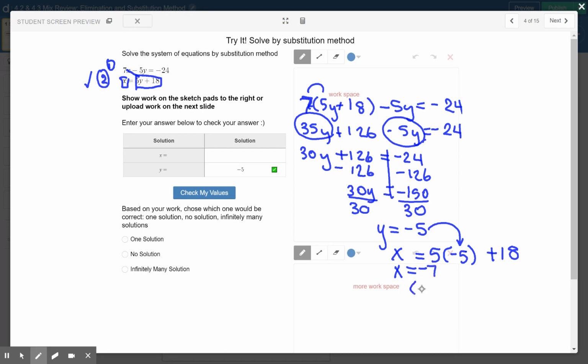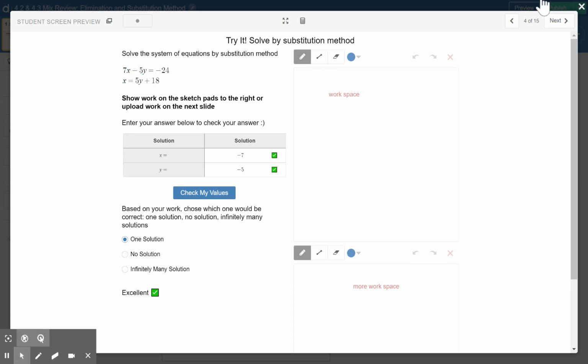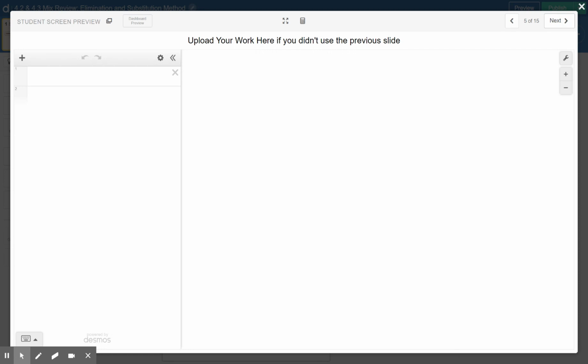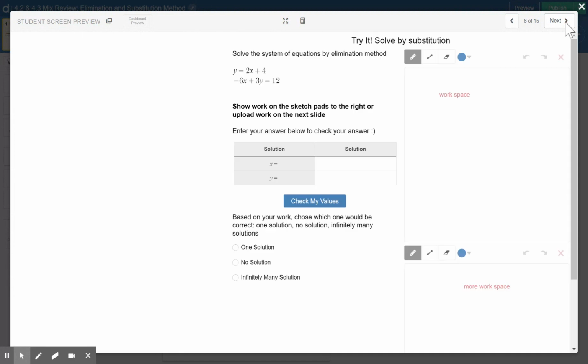Our x and y remain, so we have negative 7 comma negative 5, which is an ordered pair, or another way of saying one solution. Let's confirm we got those right, and yes, it is one solution. If you chose to upload your work, please do it on slide 5.